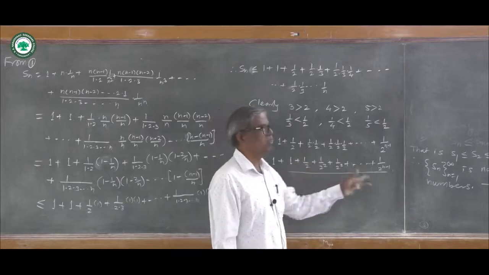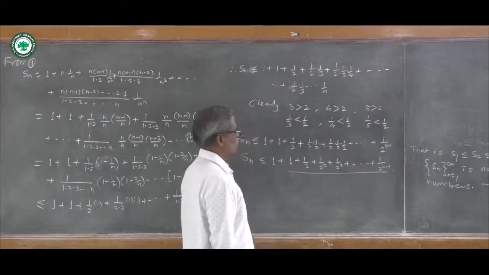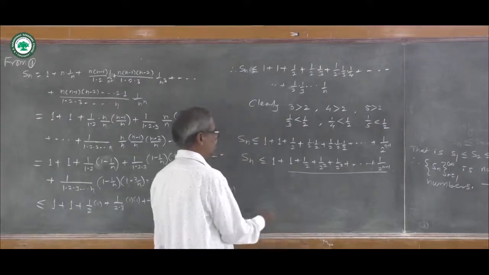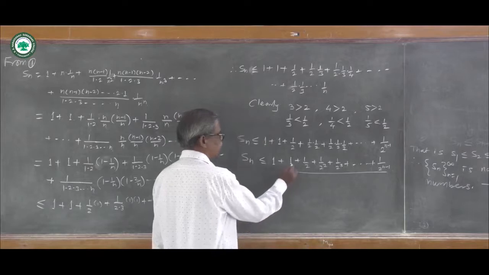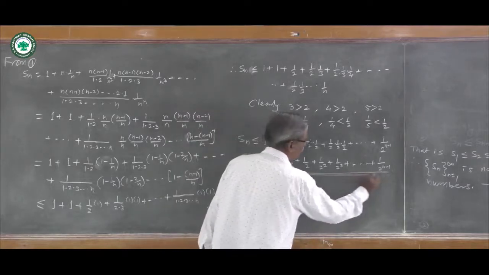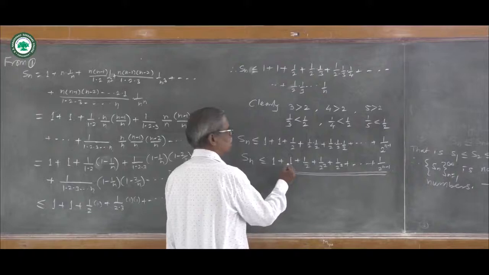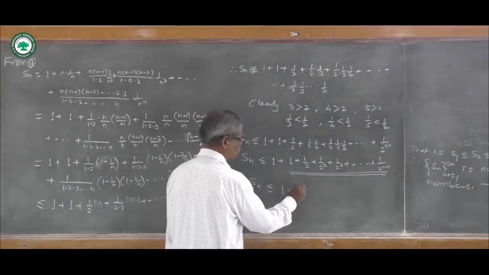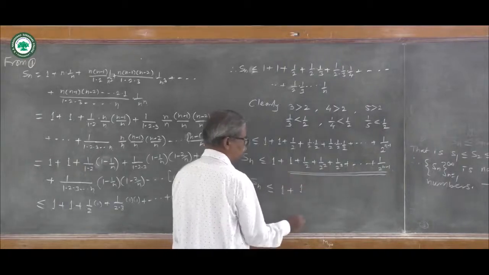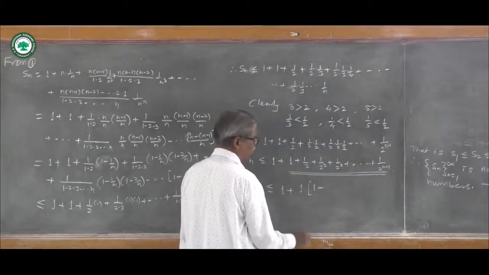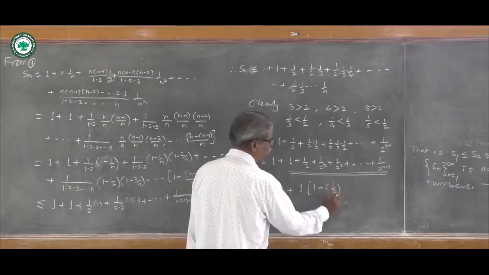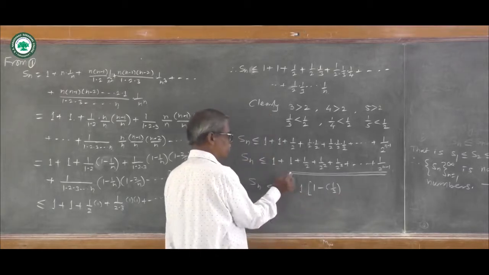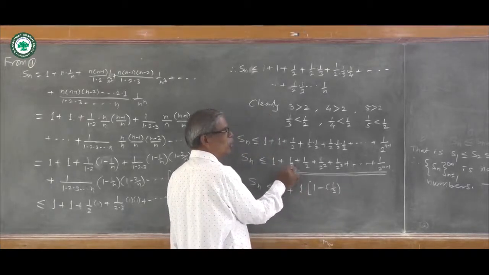Therefore, this is a geometric series whose common ratio r is equal to 1 by 2 and first term is 1. Therefore, the addition of these terms gives Sn less than or equal to 1 plus first term 1 into bracket 1 minus common ratio 1 by 2 raised to the number of terms. The last term is 1 upon 2 to the power n minus 1, starting from 2 raised to 0, which is 1.